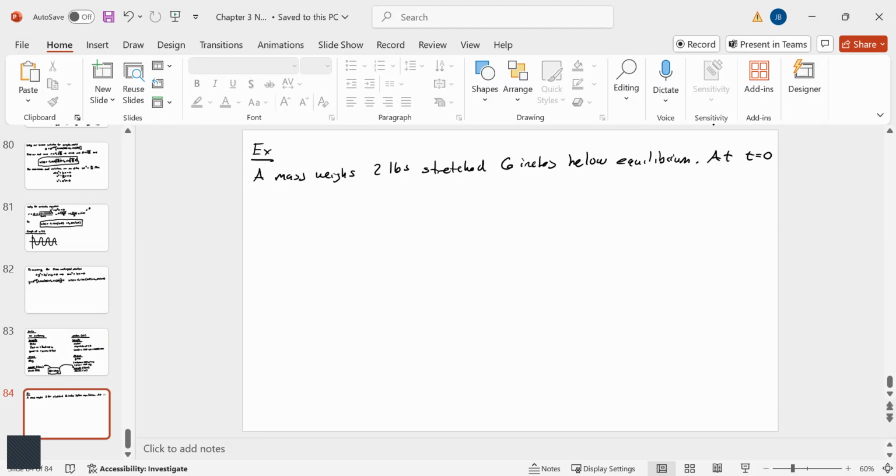At t equals 0, so initial time, the mass is released from a point 8 inches below equilibrium. Sorry, this below equilibrium is not there. I just copied the wrong line.